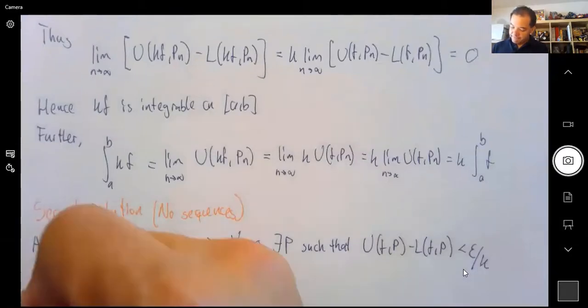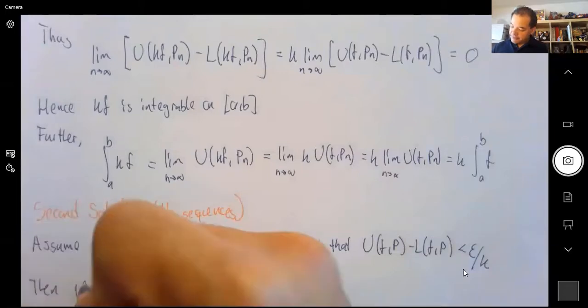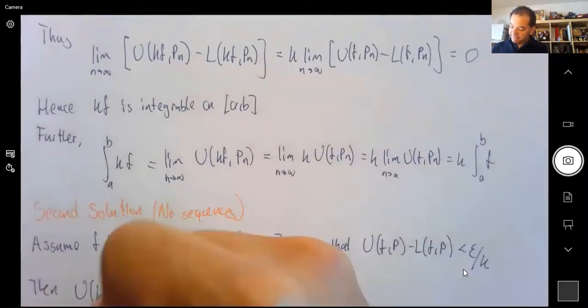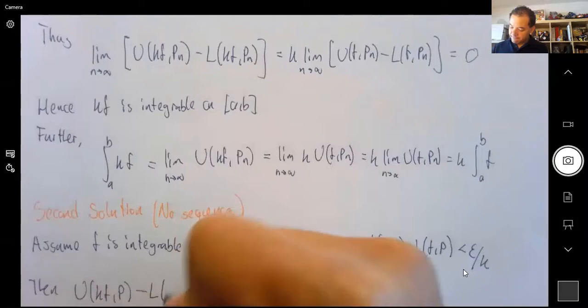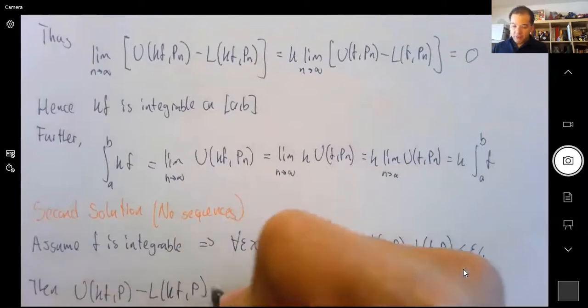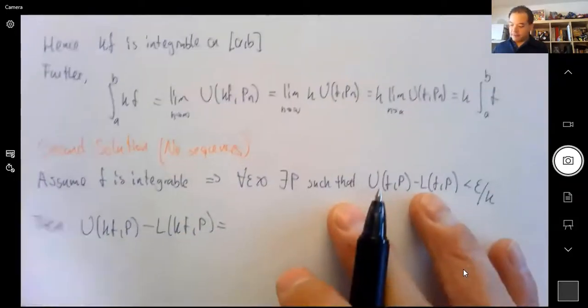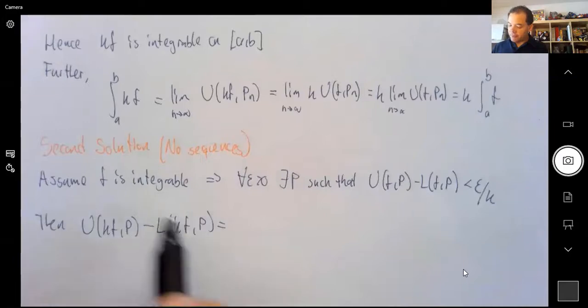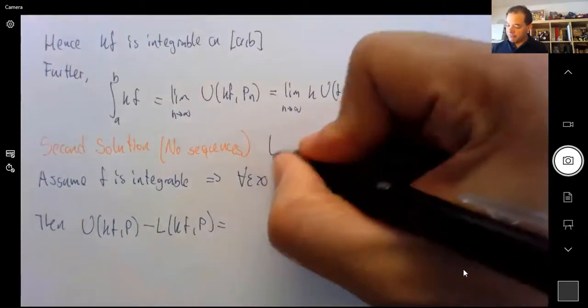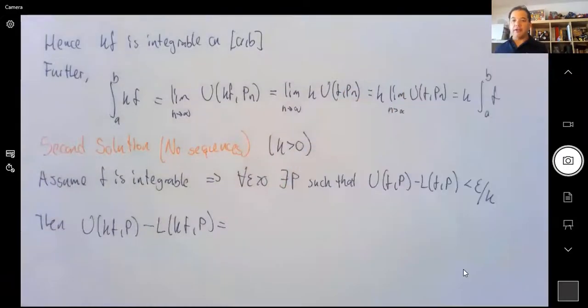Then if you want to calculate the same but with kf, well, we already learned that we can take the constants out for positive k. So I'm using positive k here, by the way. If you're using a negative k, the thing flips, all right?